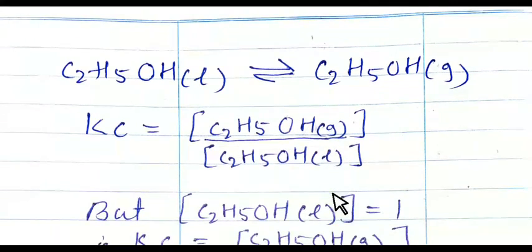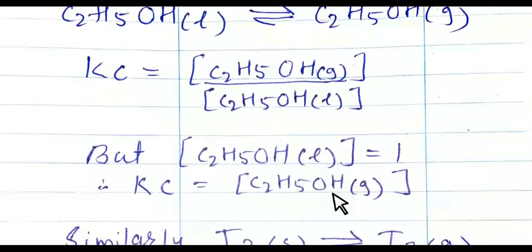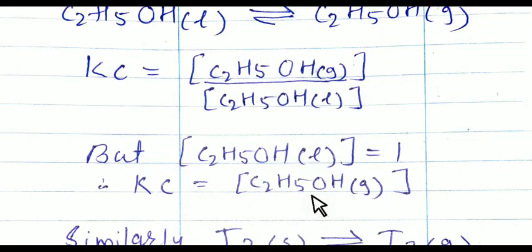But always remember, the concentration of liquid phase ethanol is always equal to 1. So what is the change in the formula? The formula will become Kc is equal to the concentration of ethanol in the gaseous phase. In such a way we can write the equilibrium constant for heterogeneous equilibrium.